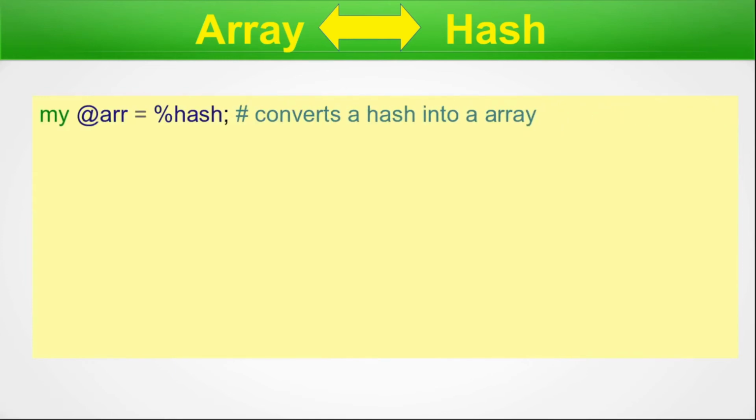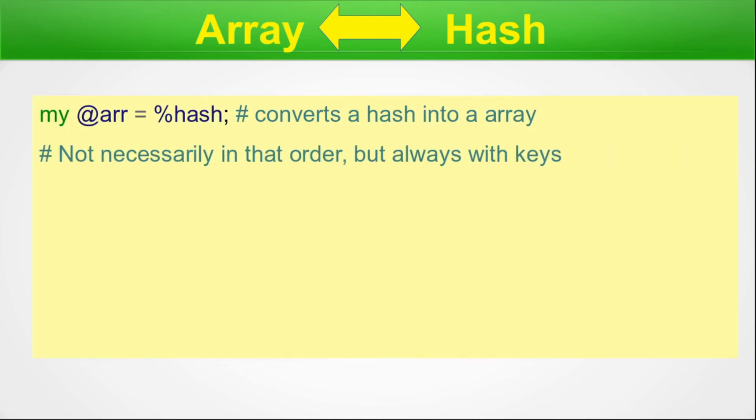Let's move on. Here we are talking about array and hash mutual conversion. Okay, so let's see. my @array = %hash. This will convert a hash into an array, not necessarily in order, but always with the keys and values paired adjacently. A hash is basically an unsorted or unordered, kind of associative array, right?